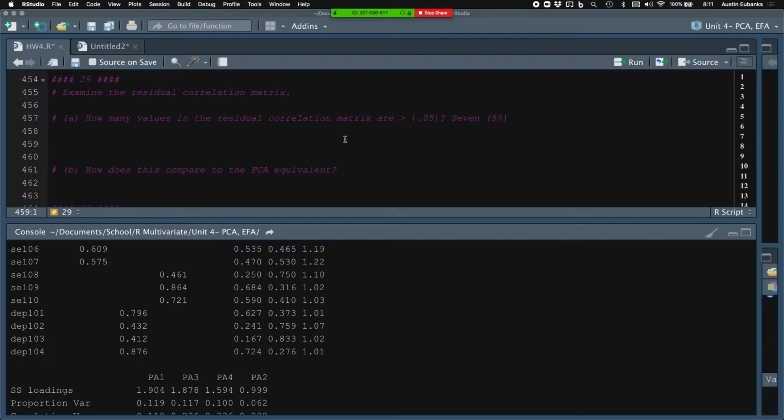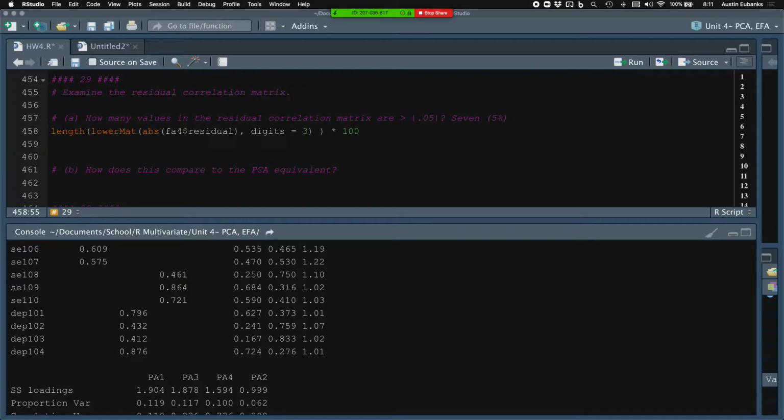So for this next bit, if you recall, we pulled up our residual correlation matrices before, and we're looking at what percentage of those have an absolute value of greater than 0.05.